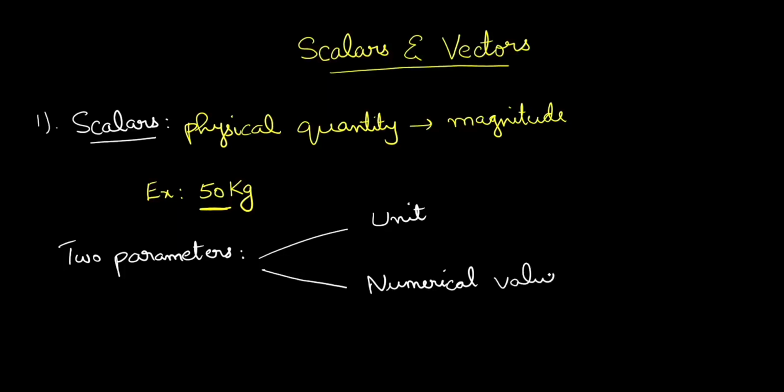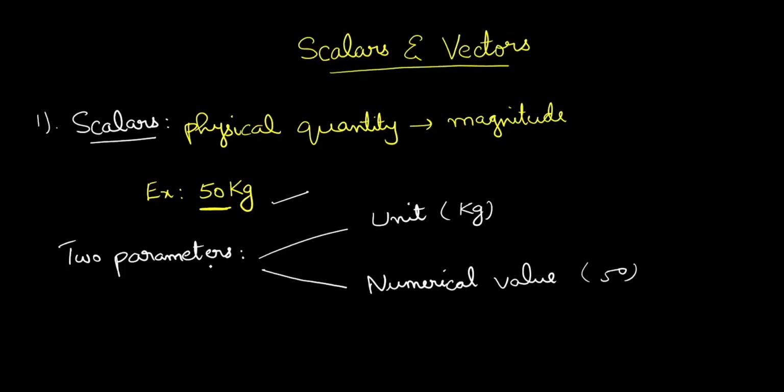In this example, we have 50, which is a numerical value, and for unit we have kg. So mass comes under the scalar quantities. Scalar quantities are physical quantities which can be expressed only in magnitude, and they have two parameters: unit and numerical value.